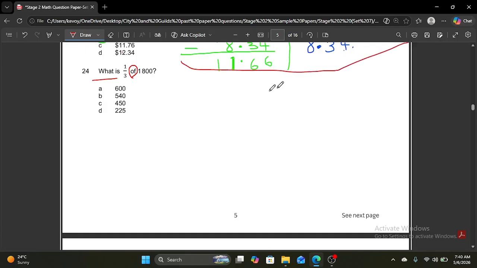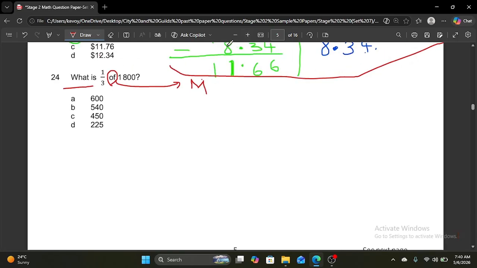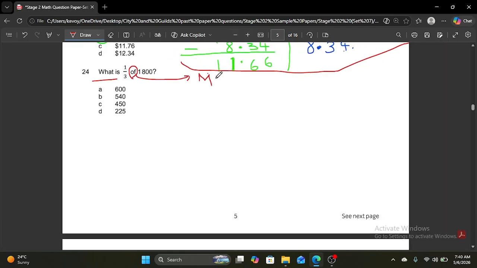Whenever we see "of", it means that you're going to multiply. What are we going to multiply? We're going to multiply the two numbers that we see right here. So we have a fraction, and we're going to multiply that by the number.